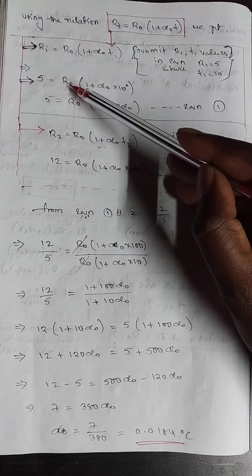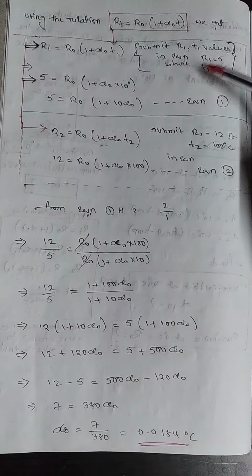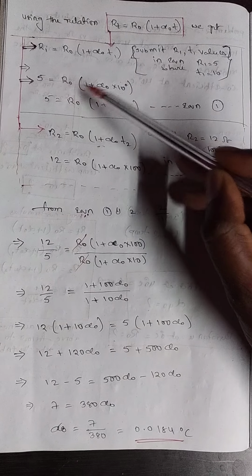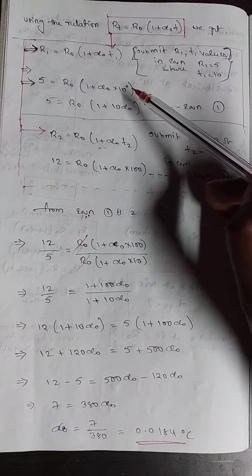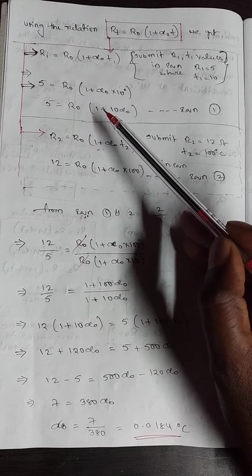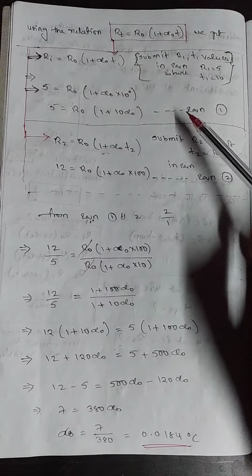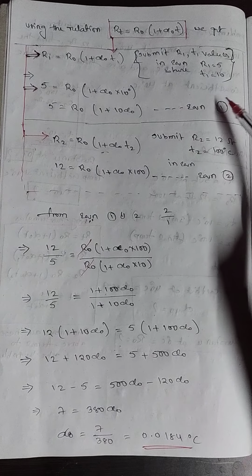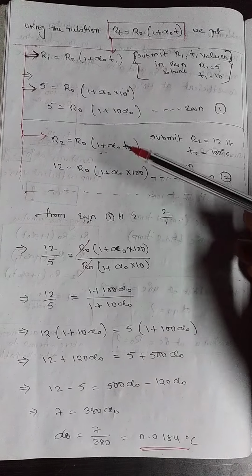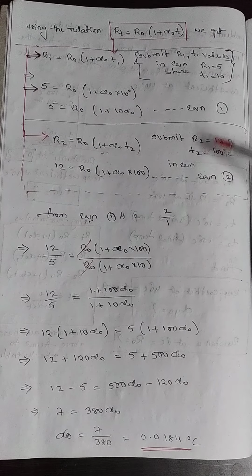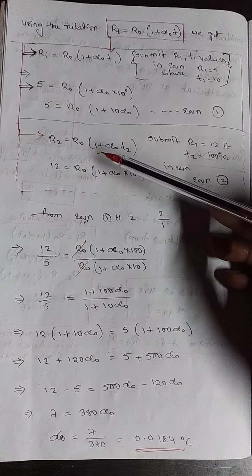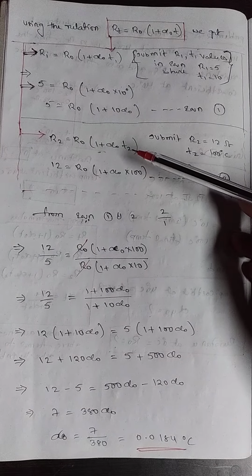So 5 is R1 and 10 is T1, so 5 equal to R naught into 1 plus alpha naught into 10. So 5 equal to R naught into 1 plus 10 alpha naught; we will call this equation 1. Then substitute the R2, T2 values in another equation, R2 equal to R naught into 1 plus alpha naught T2.